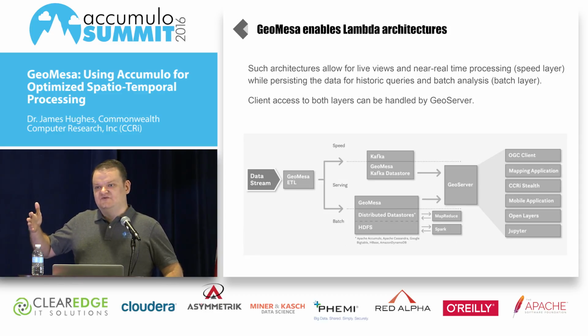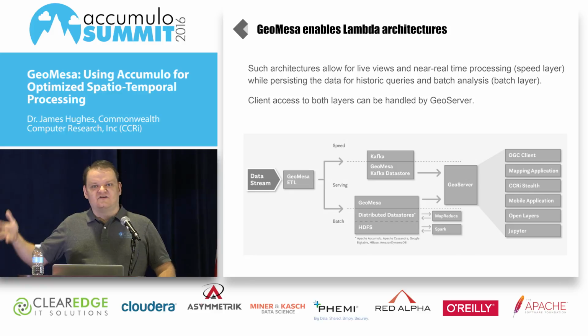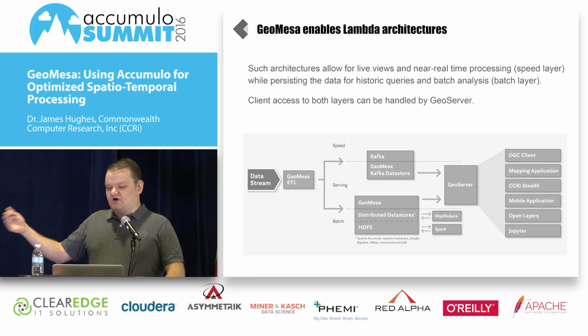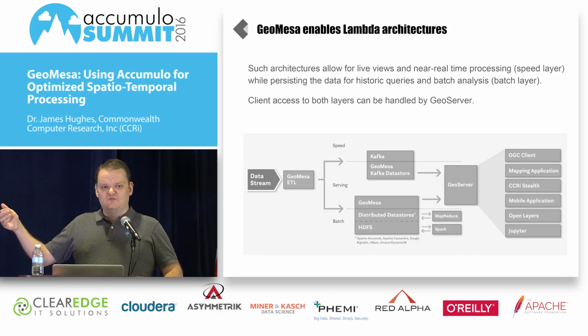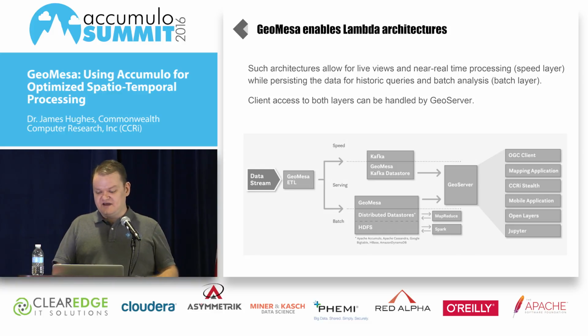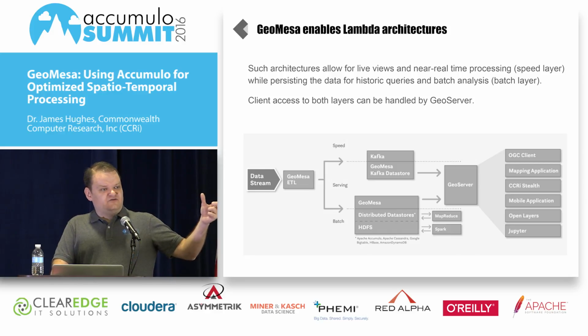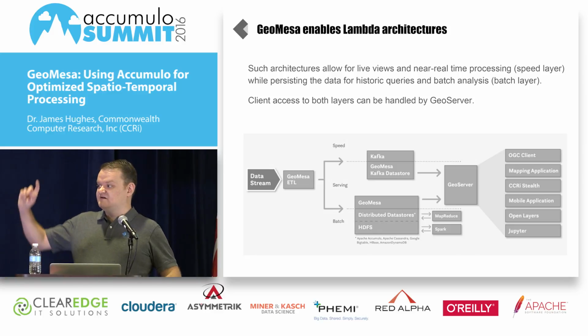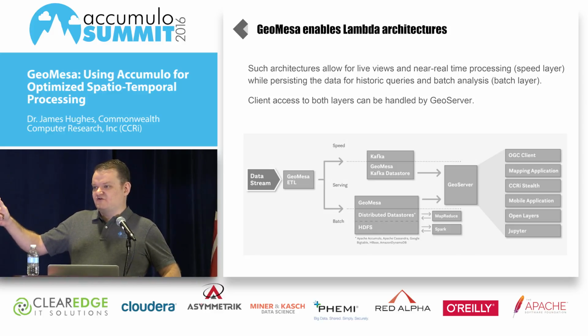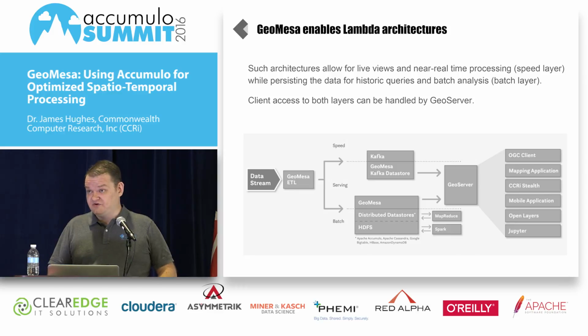And as we get to the right-hand side and get to client access, that can go through a product called GeoServer, which speaks all the open source protocols that your web browser would speak whenever it's using a JavaScript library like Leaflet. This gives us a chance to make a request that could be going against a live layer, an in-memory database that's populated from data that's continually updating, and switch over to making a historical query that is interrogating billions of records in Accumulo.